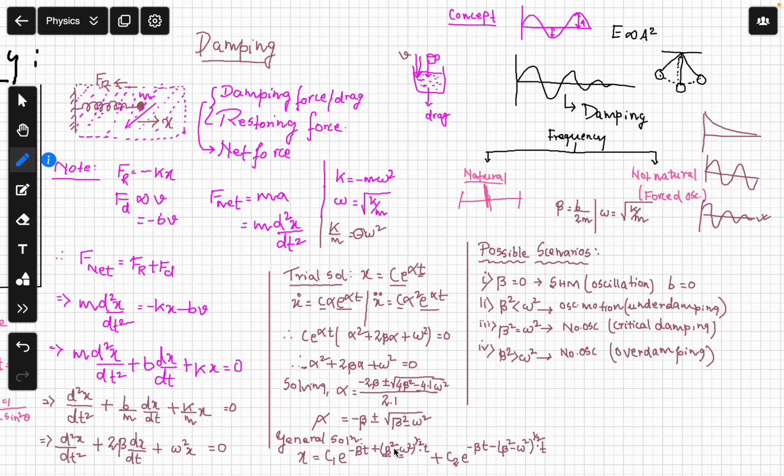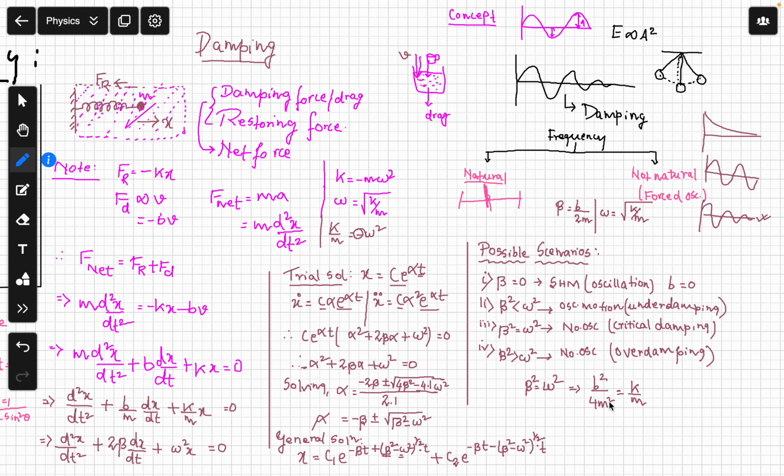Okay, we can also think about it like this. Let's consider beta square. Beta square is nothing but b square by 4m square. So if I write beta square is equal to omega square, it simply means, beta being b by 2m, b square by 4m square is equal to omega square, and omega is root k by m, so omega square would be just k by m.